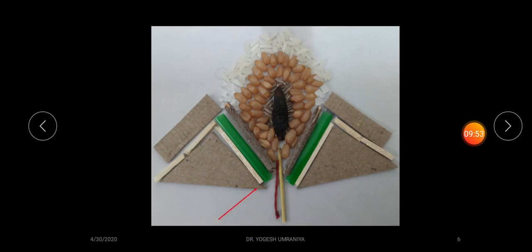So next one, the green structure we have already discussed, that is the periodontal ligament, okay, and its function is the attachment of the tooth with the socket or the alveolar bone.